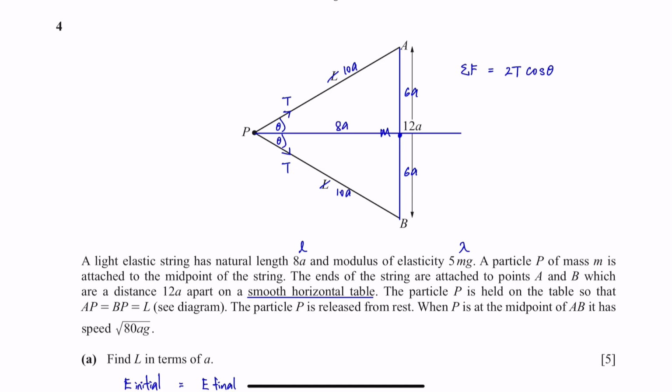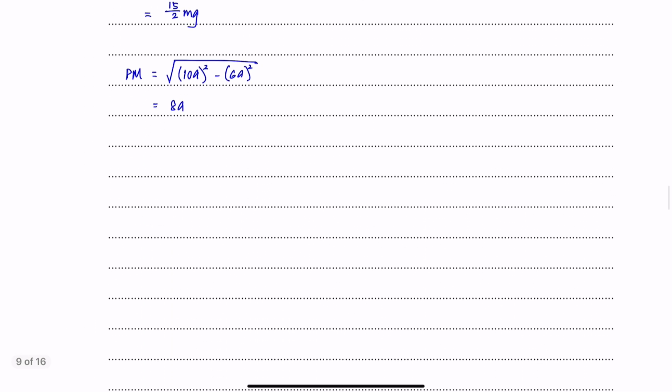And cos is just 8a divided by 10a. So we have the resultant force as 2T times cos theta, which is 8a over 10a.